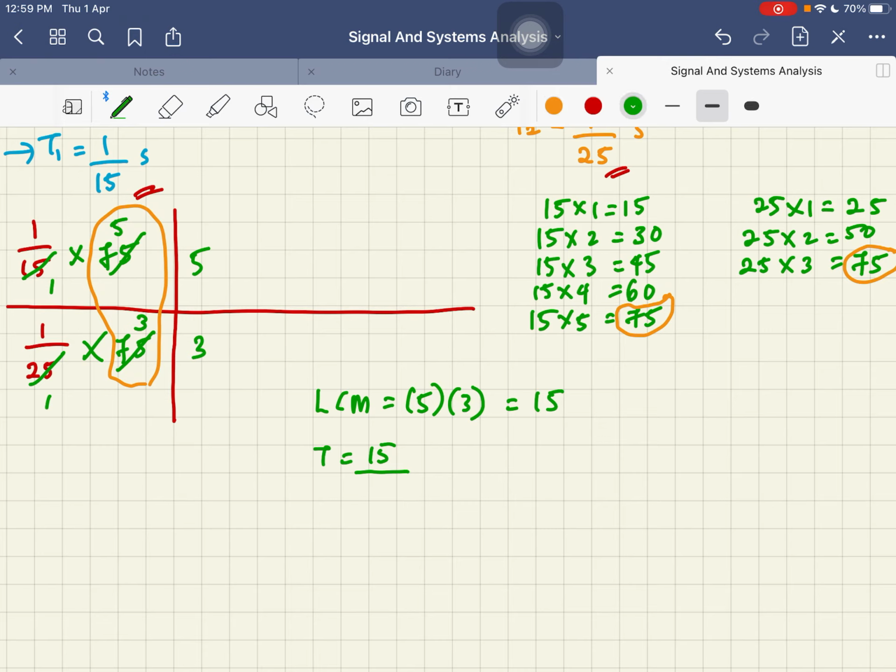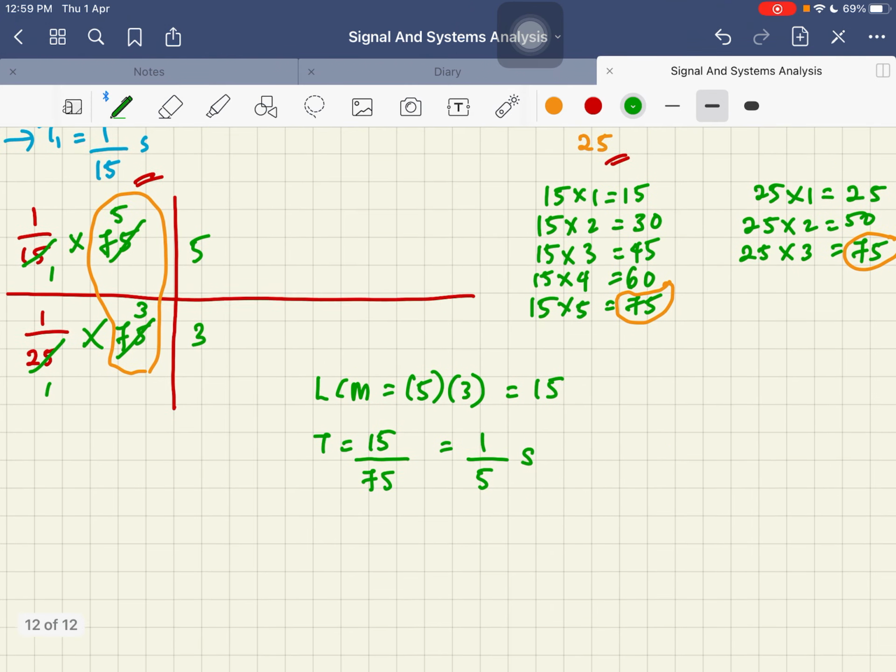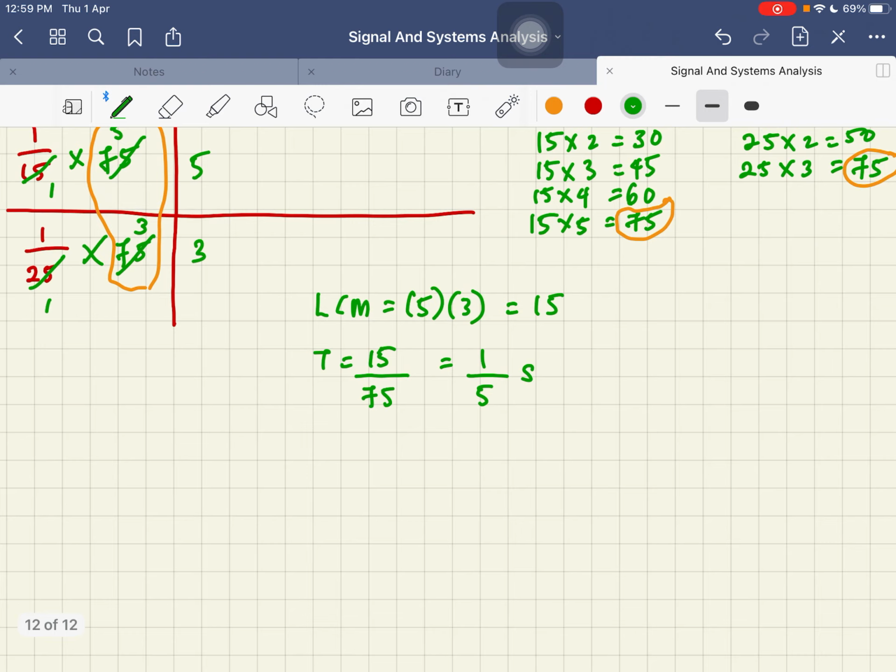So now to calculate the fundamental period of g of t, we take this least common multiple number, and then we have to divide it by 75. So this will be 1 over 5 second. So the fundamental period for g of t is 1 over 5 second.